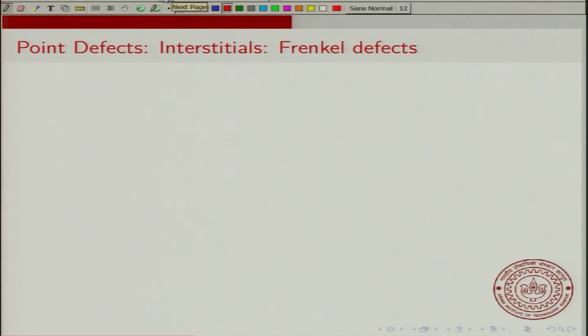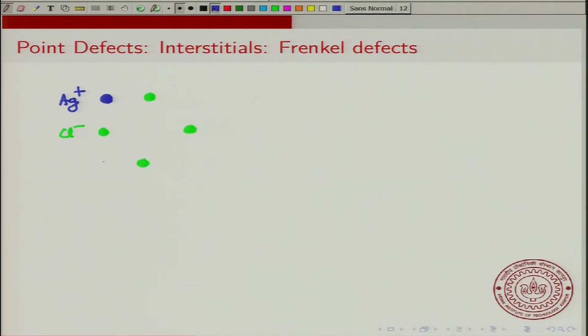So, for example, the canonical example of a Frenkel defect is silver chloride. So, you have Ag plus and you have Cl minus. Silver chloride is another ionic crystal which also crystallizes in the rock salt structure.